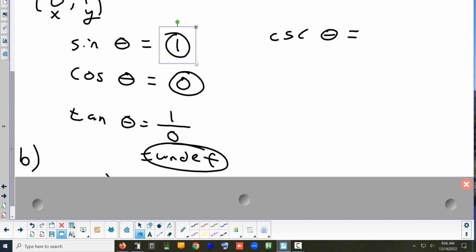How could I make 1 into a fraction? Yep. 1 over 1. So if we take that and flip it, what do we get? 1 over 1. So the cosecant stays the same.